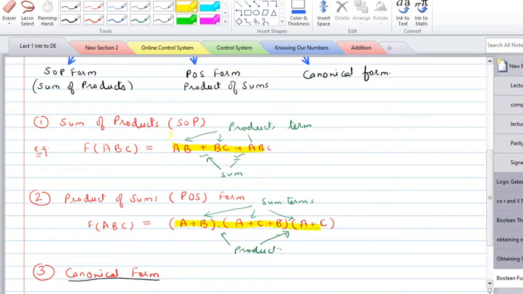The first term of the SOP form contains only two variables, the second contains only two variables, and the third term contains all three variables a, b, c.